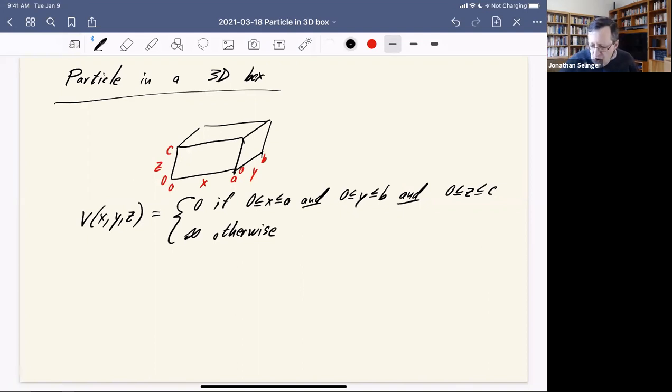Now we want to solve it with the same kind of method that we used for the particle in the one-dimensional box. In particular, that means we have boundary conditions right at the walls of the box, so psi goes to 0 on the walls.